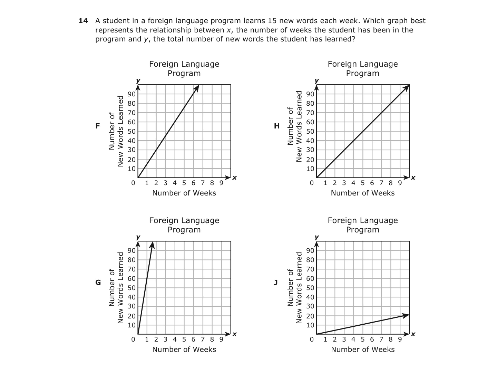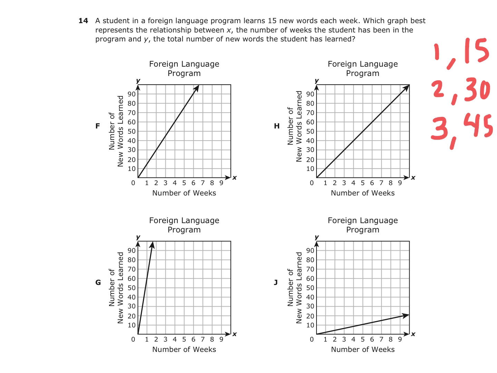So 15 new words each week. After 1 week, 15 words. So we're going to look for 1 week, 15 words. For 2 weeks, we're going to look for 30, and so on. For 3 weeks, 15 more. So it's 15 each week, so that would be 15 plus 30, that would be 45.